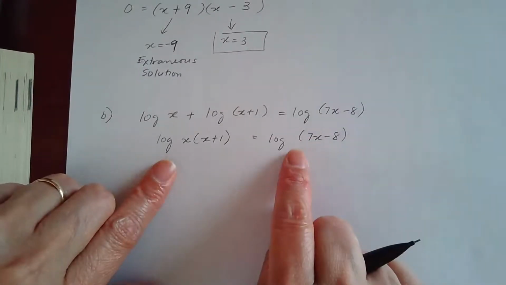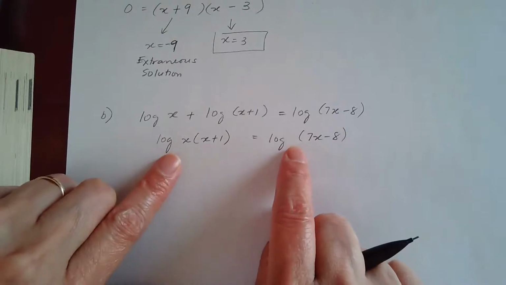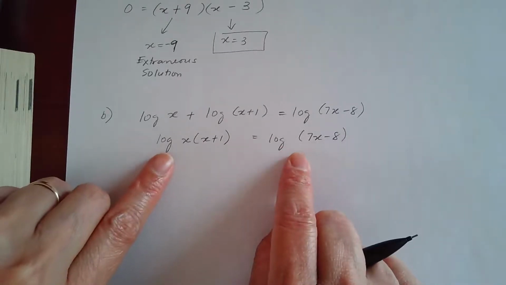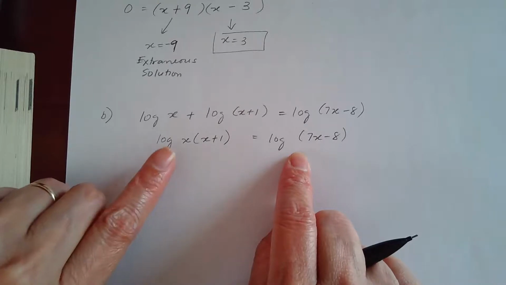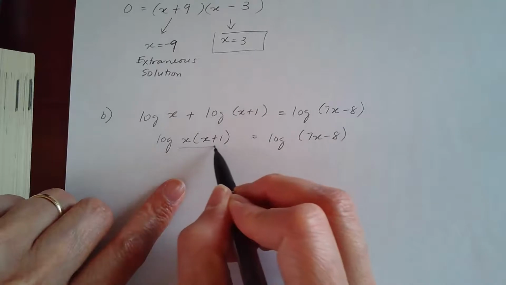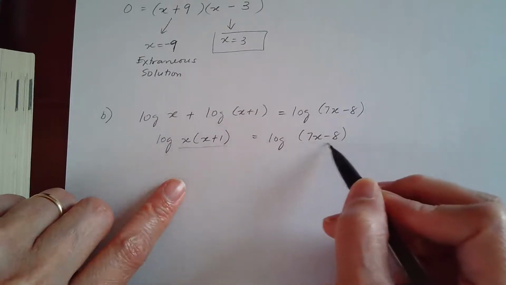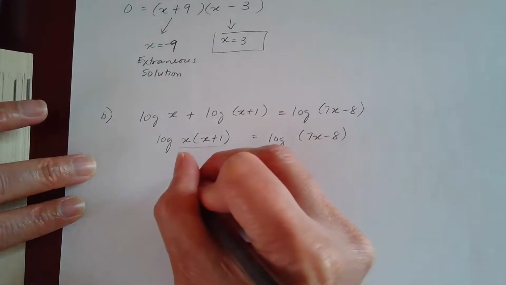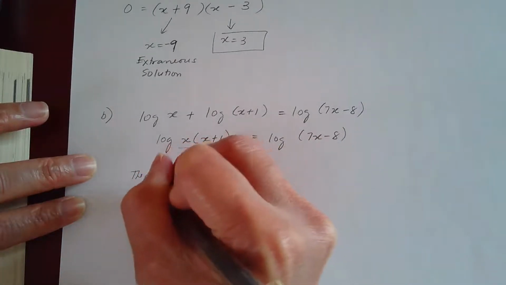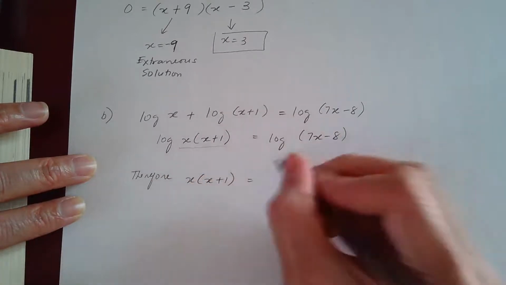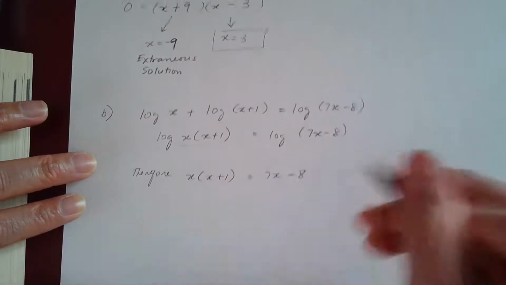Now they're both logarithms on each side of the equation, and they're both log base 10. So if they're the same log base 10, that means x times x plus 1 and 7x minus 8 must be equal to each other. So therefore, x times x plus 1 equals 7x minus 8.